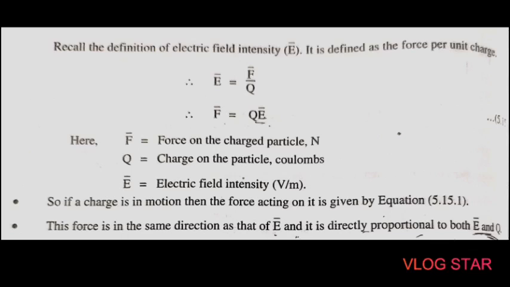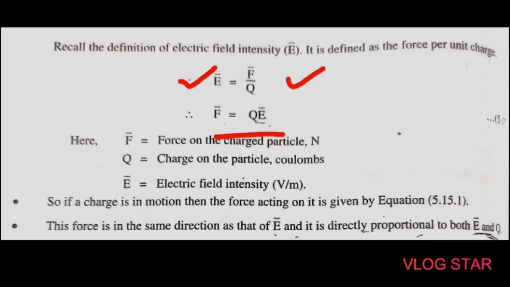We know that according to the definition of electric field intensity, it is the ratio of force per unit charge, or we can say F divided by Q. This is the electric field intensity, which is denoted by E bar. Using this equation we can write F bar is equal to Q into E bar.